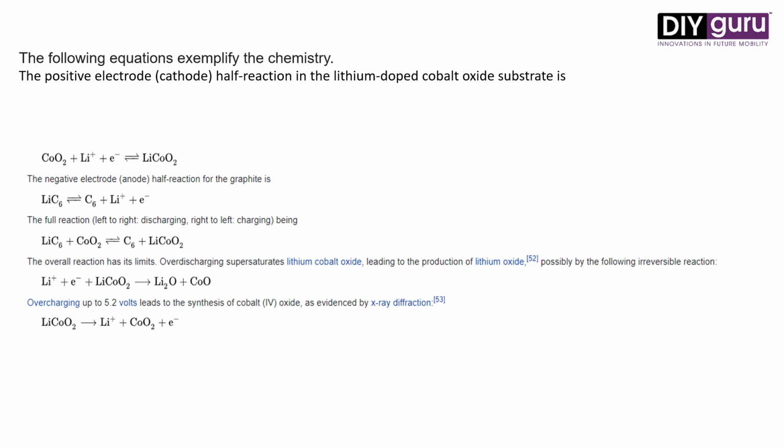This lithium ion travels through the electrolyte to the anode, and the electron travels through the external circuit producing electricity. This is in case of the discharge state, when the battery is discharging.